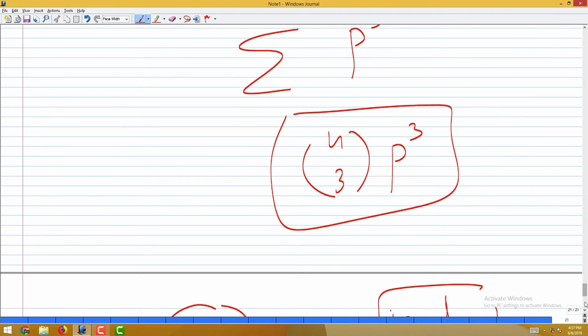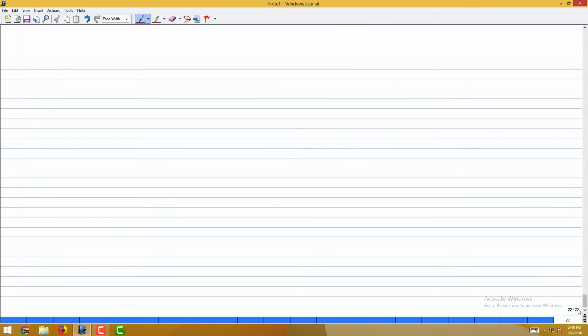For instance, when I say that the expected number of edges is n choose 2 into p, that means that there exist some graphs with n choose 2 into p edges. Similarly, when I say that the number of triangles in a randomly chosen graph is n choose 3 into p cube, we know that there exists some graph with at least n choose 3 into p cube triangles in it.